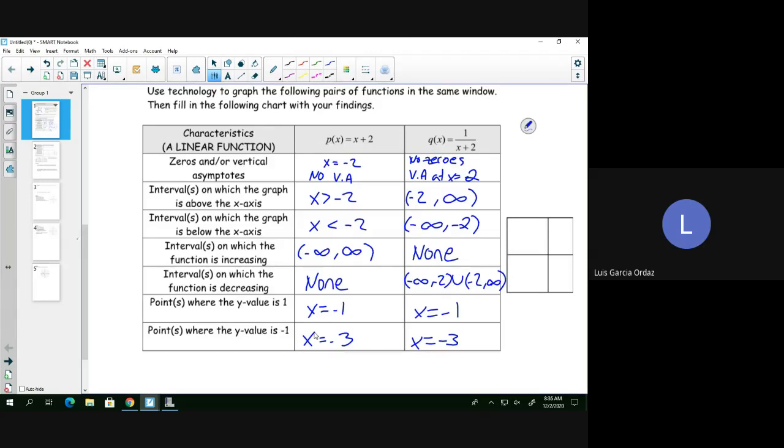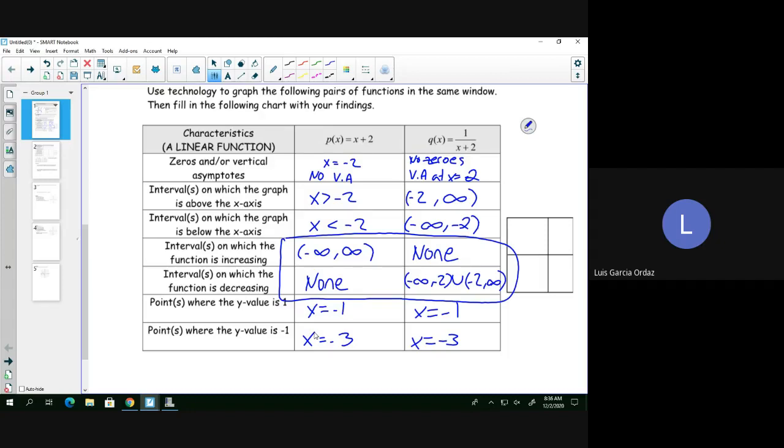Okay, so what do you notice about the intervals of increasing and decreasing between the parent and the reciprocal? So we're just focusing on this section right here. Is there anything that you notice?